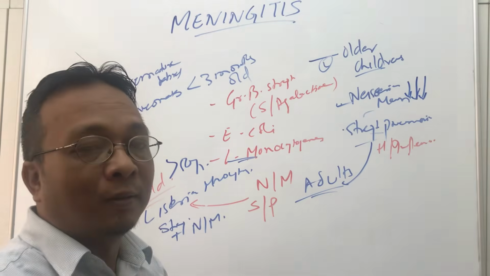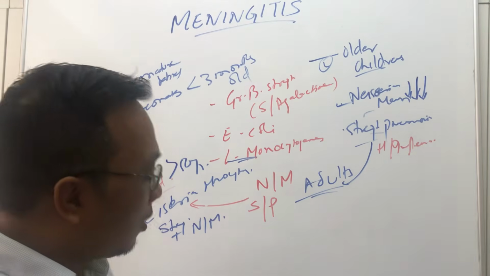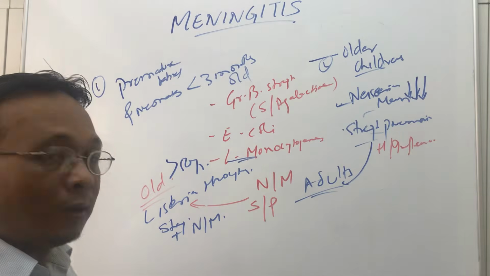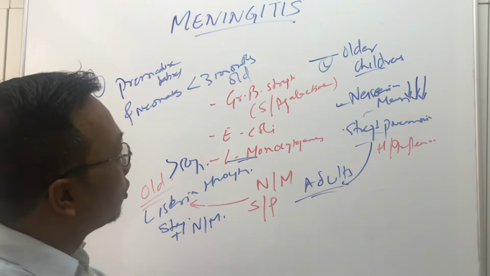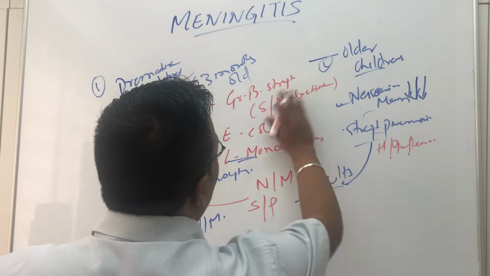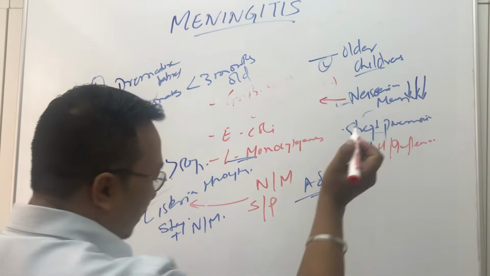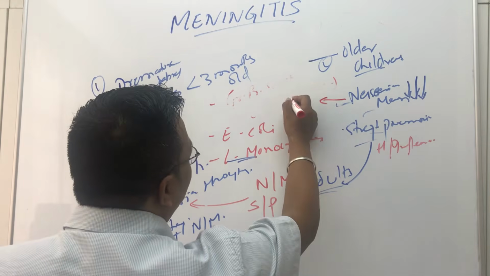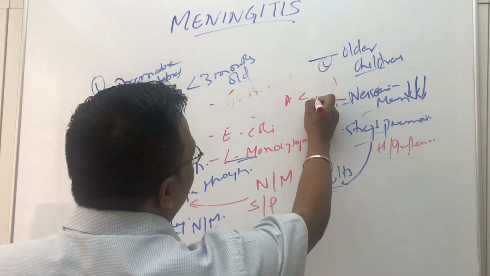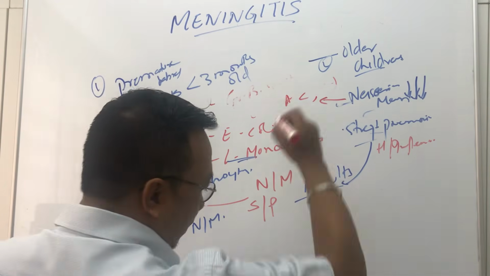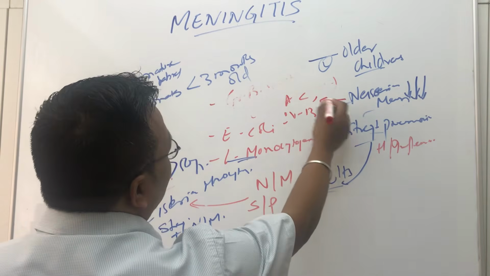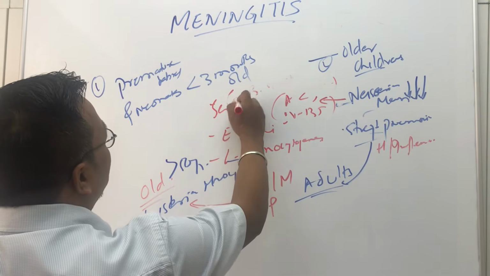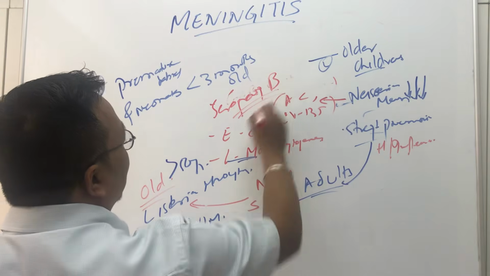The vaccination that is available for Neisseria meningitidis is not for type B. Neisseria meningitidis has different classes, and vaccination is available for A, C, Y, and W-135. All these are classes. So vaccination is available only for these, not for serogroup B.